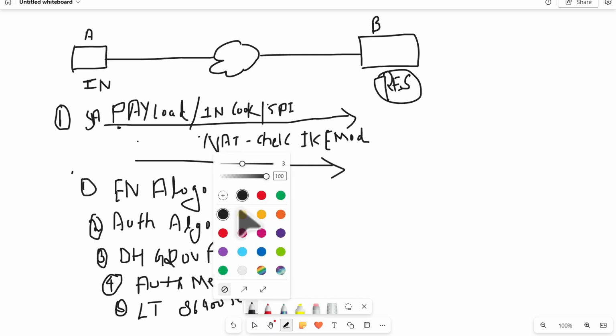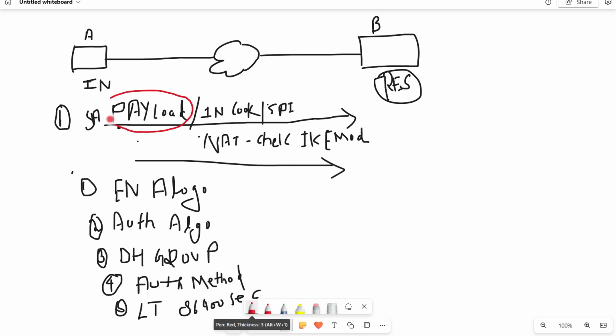So we covered the SA payload, which has encryption algorithms, authentication algorithms, DH group, authentication method, and lifetime. But there is another field we call the initiator cookie. In the initiator cookie, we have the source IP.